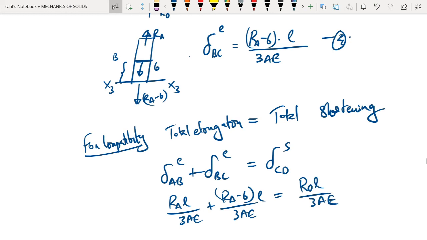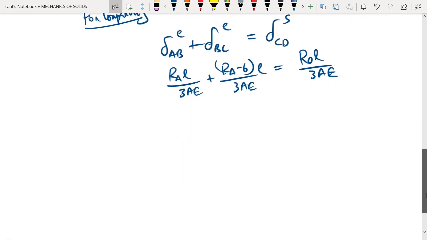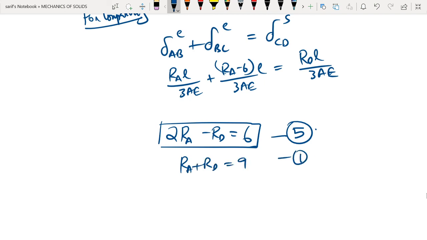So L by 3AE is a common factor and we can take it out. The equation that we will get is 2RA minus RD is equal to 6. So this is the equation that we will get. Let us call this equation number 5. From equation number 1, RA plus RD is equal to, this was our equation number 1.